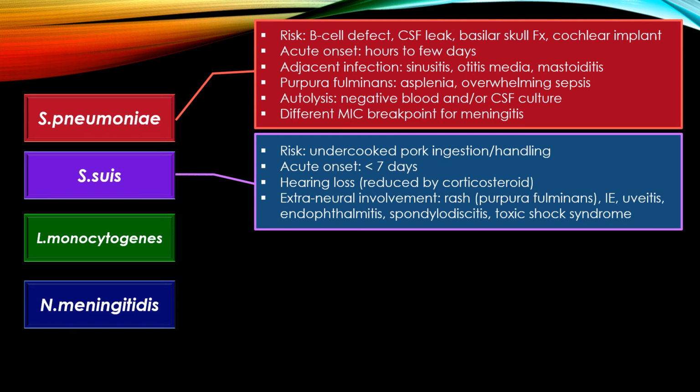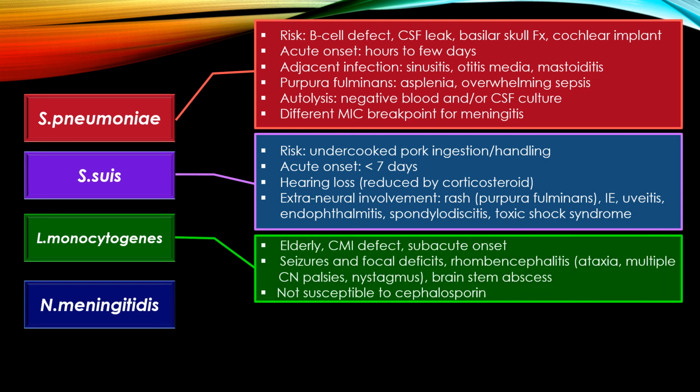Hearing loss may also occur in pneumococcus, and this may be reduced by corticosteroid. There is also some extraneural involvement of this organism. Some patients have rash, purpura fulminans like pneumococcus, infective endocarditis, uveitis, and endophthalmitis, and some patients have spondylodiscitis and toxic shock syndrome.